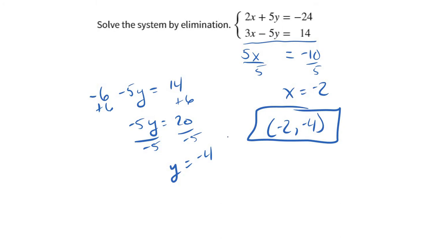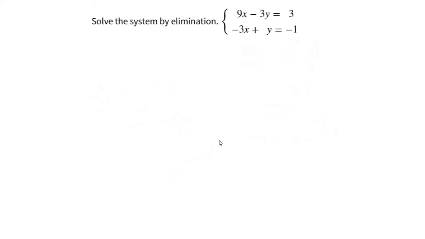So substitution: isolate a variable, substitute stuff in. Elimination: see if you can combine the equations in such a way that you'll eliminate a variable. Very similar from there though. Let's go look at another one. Now this one, elimination as well. Notice there's nothing I can add directly that's going to wipe something out.